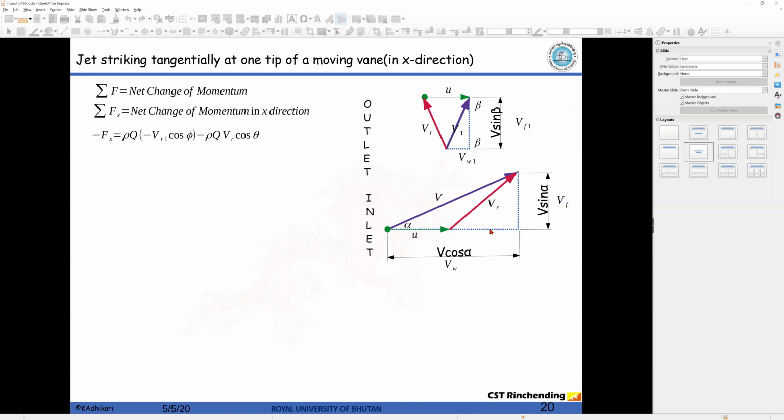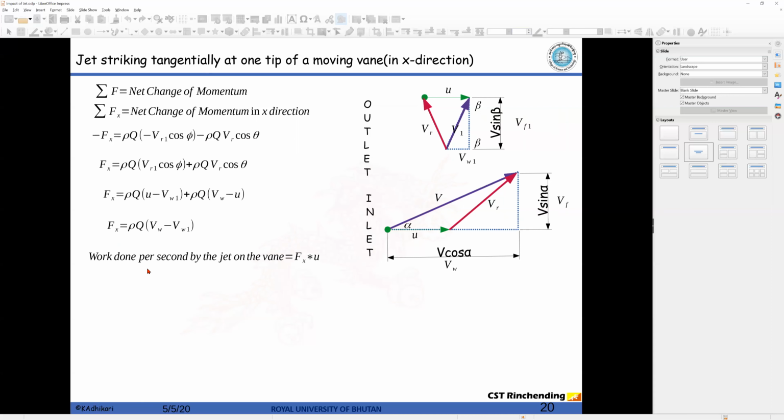Okay, so that is in x direction, so it is positive, and the minus is coming because it is the change: outflow momentum minus inflow momentum, right? Further, let's put Vr1 cos phi and Vr cos theta in terms of u and v. Then we get our final expression as force is equal to rho Q (Vw minus Vw1).